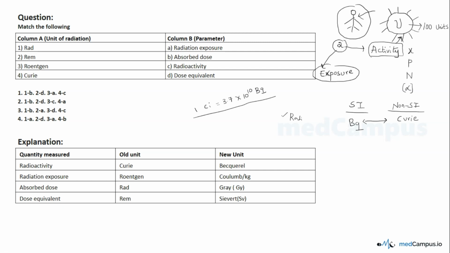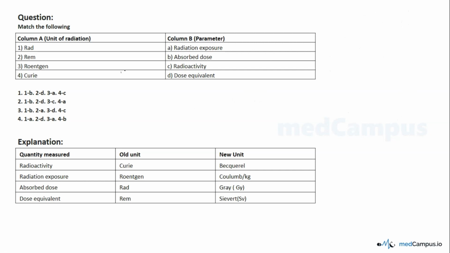Now let's come back to the exposure part. Before that, radioactivity is measured; the old unit is Curie and the new unit is becquerel. Next, what we are trying to measure is exposure. The amount of radiation to which your body surface got exposed is exposure.